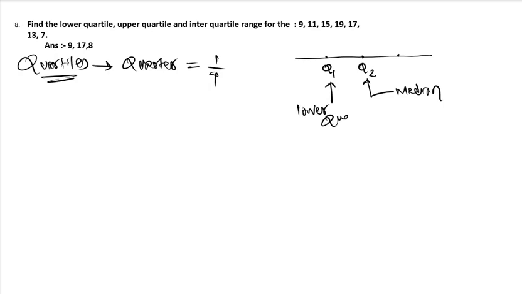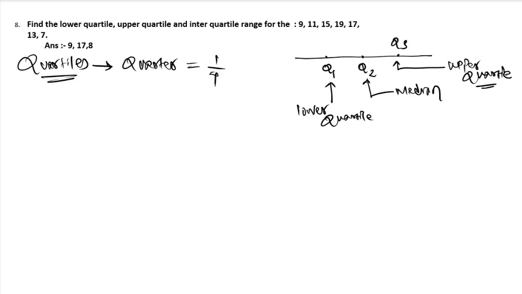So there is a particular formula to find lower quartile. And this point over here, which you see, which is Q3, is known as upper quartile. This also has a particular formula. So basically they are asking you to find lower quartile and upper quartile. Right?